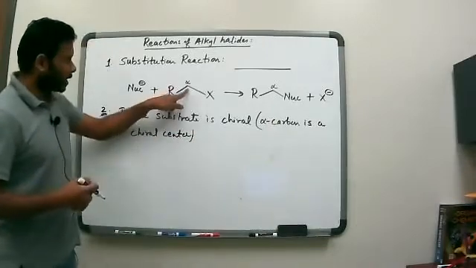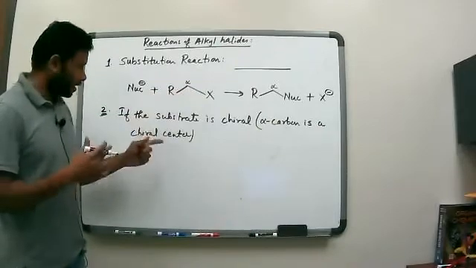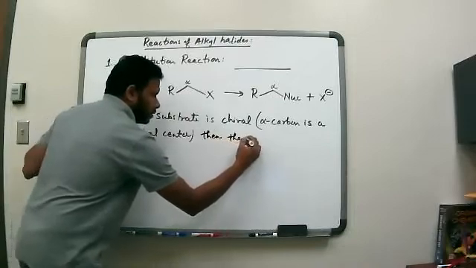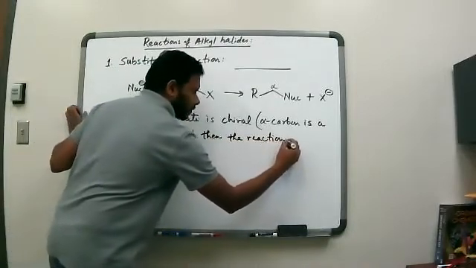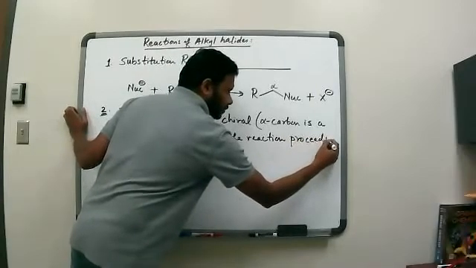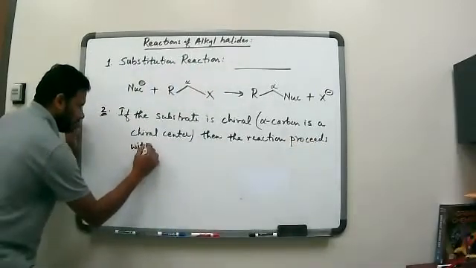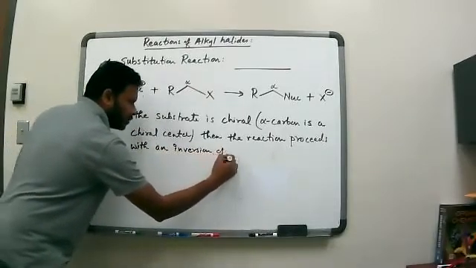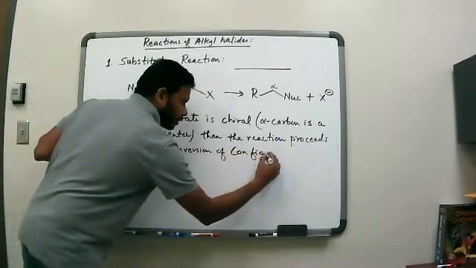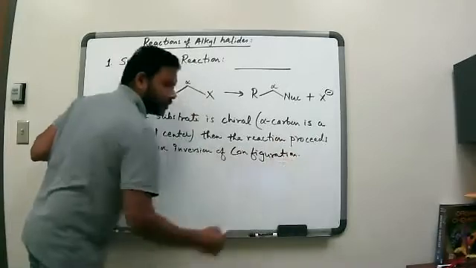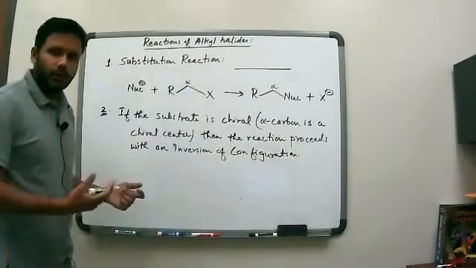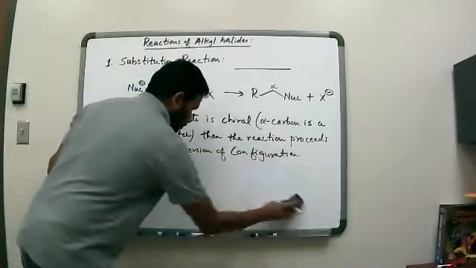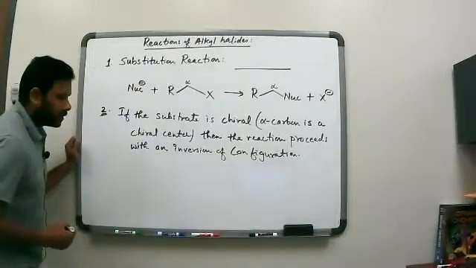We're saying that this alpha carbon must be a chiral center. If that is the case, then the reaction proceeds with an inversion of configuration. So let's come up with an example for that.